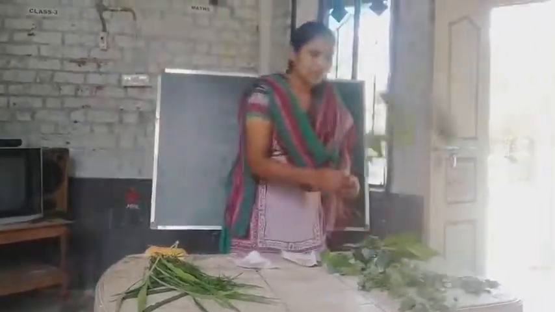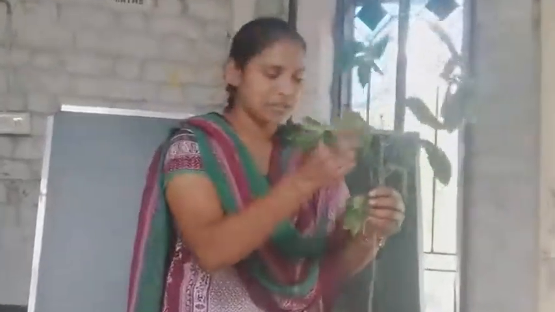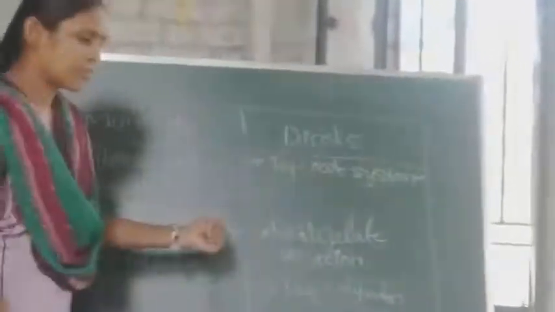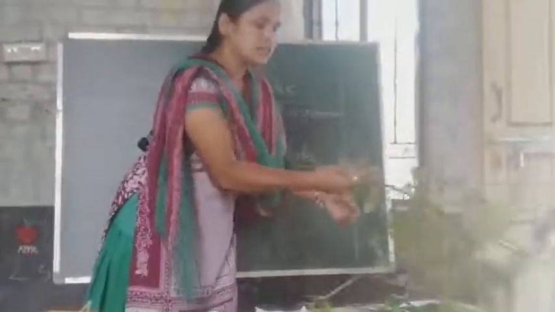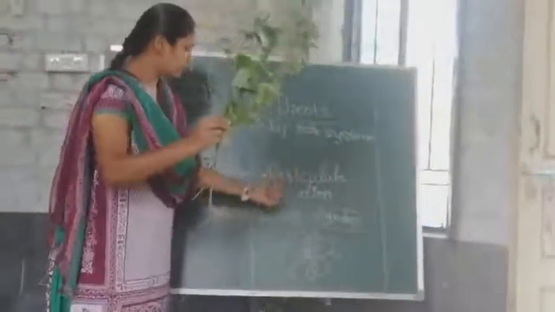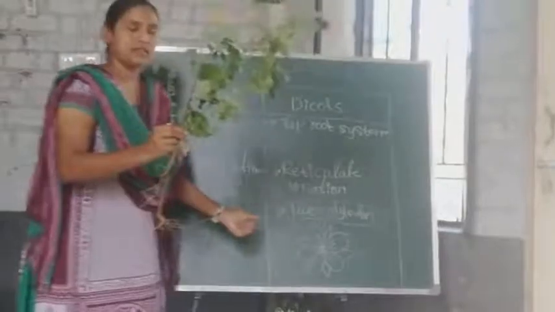Once more, you can observe leaves, how they are arranged, venation, root system. In dicots, see here, these leaves are small, but you can observe the type of venation in these leaves, and also the root. In dicots it is taproot system, reticulate venation, 2 cotyledons and 5 petals.